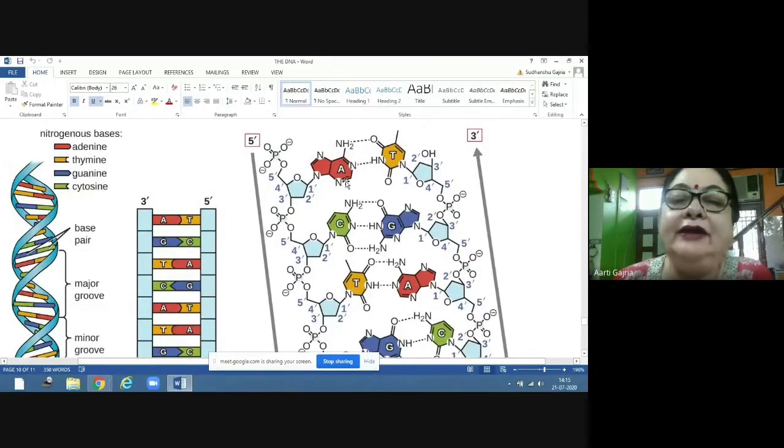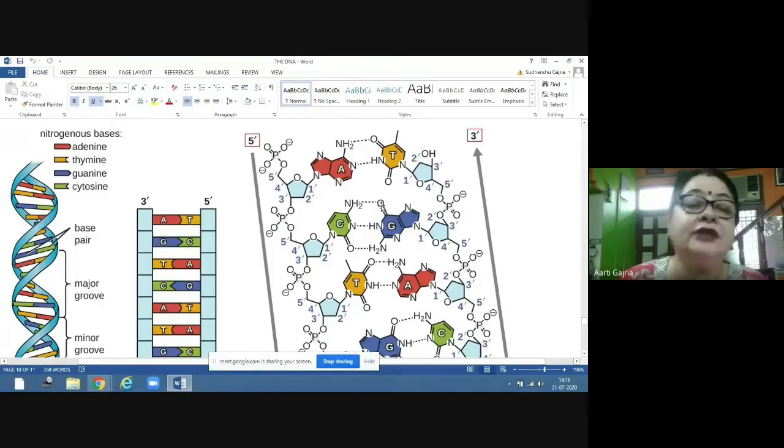Now adenine is joined to thymine with 2 hydrogen bonds, and this thymine is again joined to the 1 carbon of this pentose on the second railing, the second backbone of the DNA. So this is one and this is another one. And in between you will find the nitrogenous bases connected with hydrogen bonds.